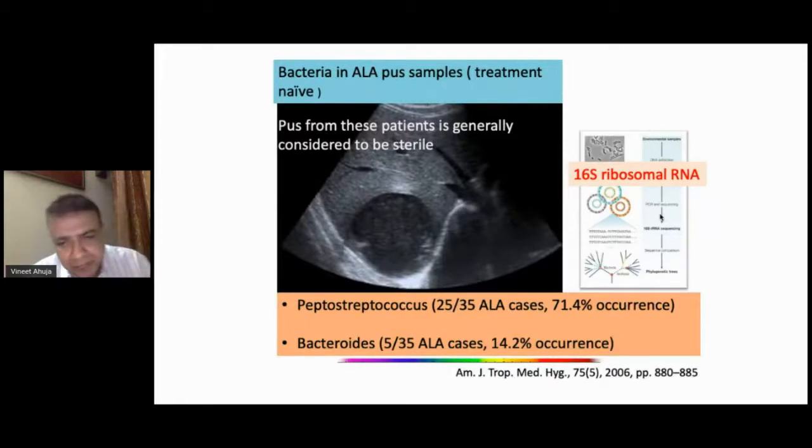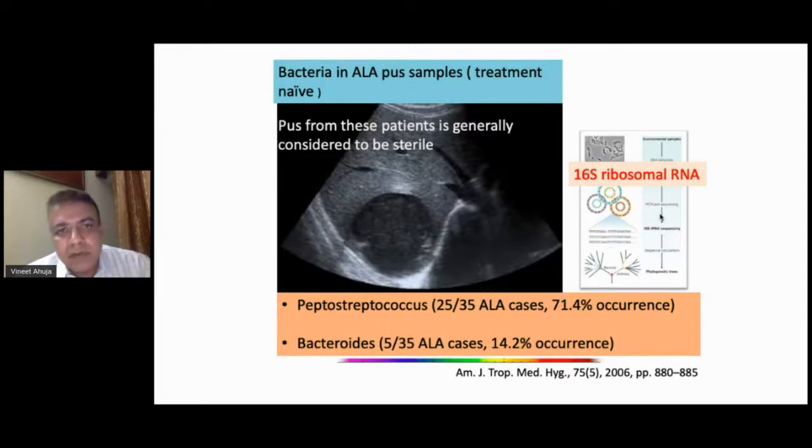For example, this is from 2005. We took patients of amoebic liver abscess, and at that time we aspirated the liver abscess. These were amoebic liver abscesses which were totally naive. They had not been treated earlier, and no intervention had been done. The classical teaching has been that a naive liver abscess is always sterile.